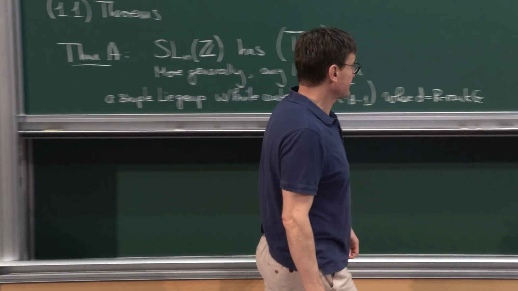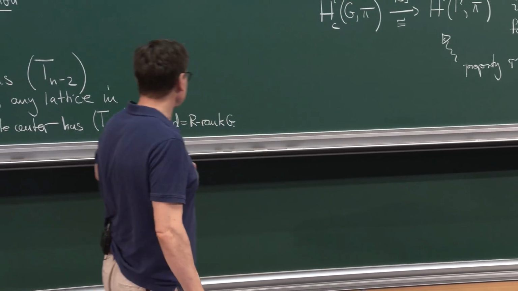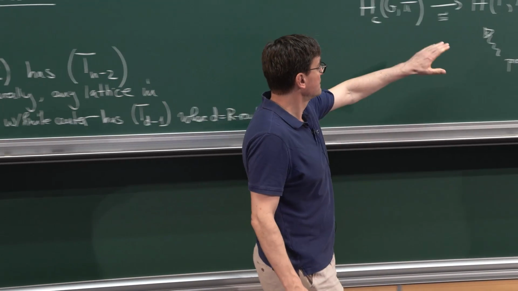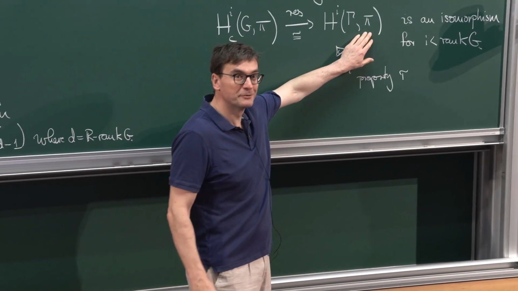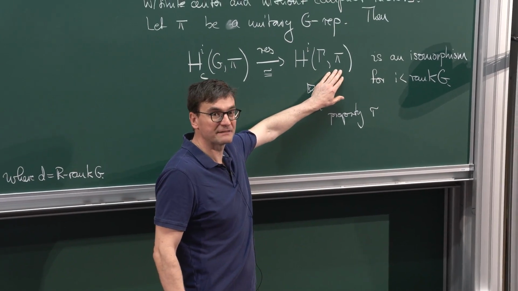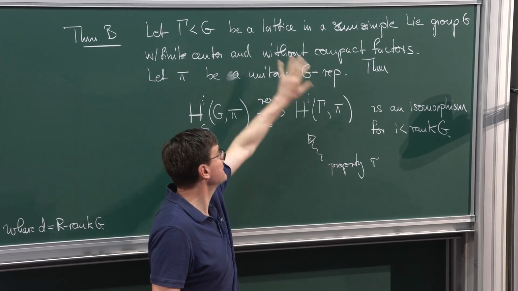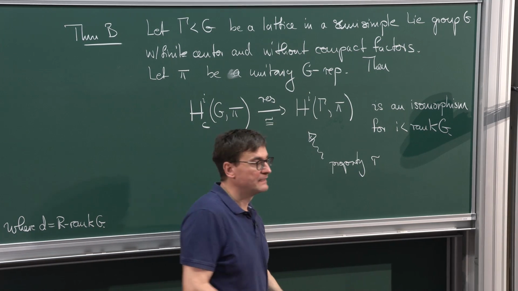And of course you might ask for more. You might ask for a statement about the cohomology of gamma with respect to a gamma representation that does not necessarily come from a G representation, and ask about the cohomology in that very general case.